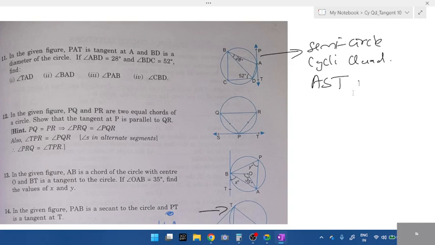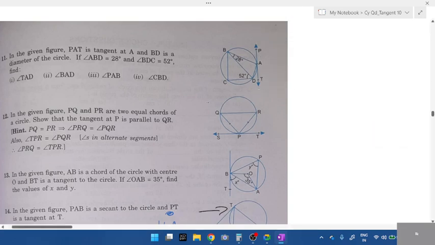Yeah, tell me. This question, this 28, angle B 80. This one angle BAT.